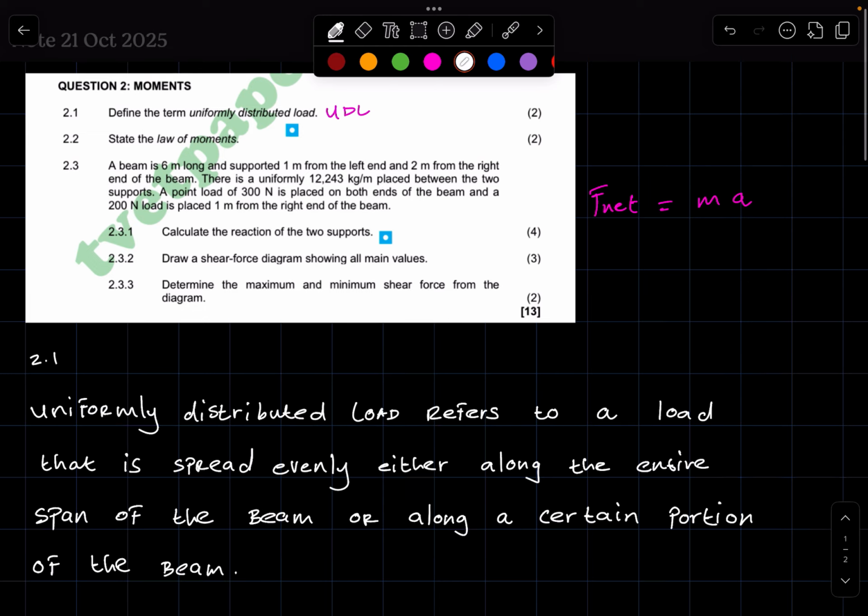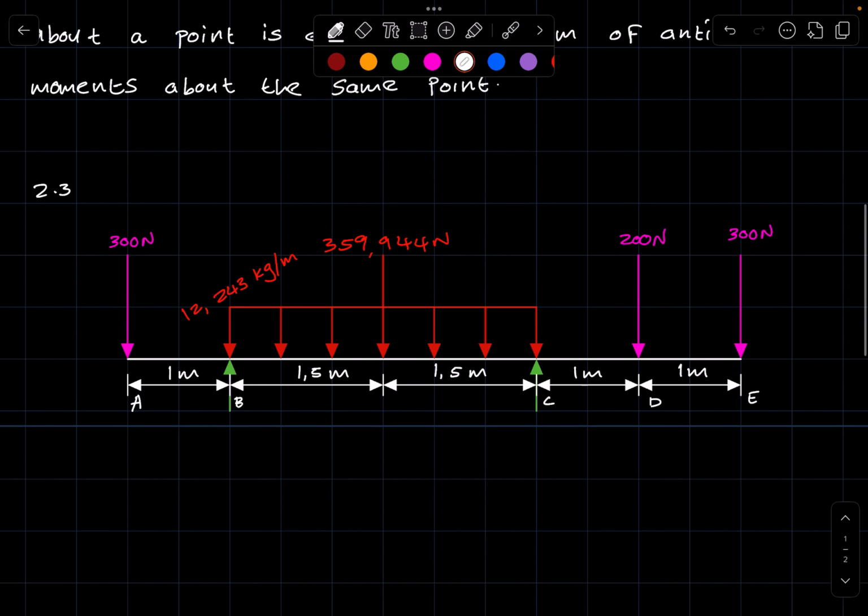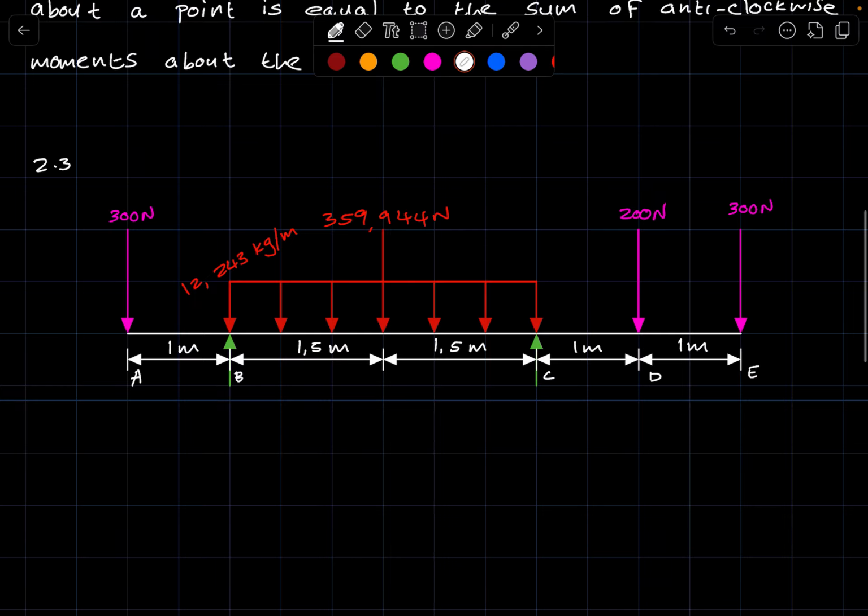Now we'll be able to calculate the reactions at the two supports. Why? Because all of the loads that are on the beam are expressed in terms of newtons, hence we'll be able to apply conditions of equilibrium.